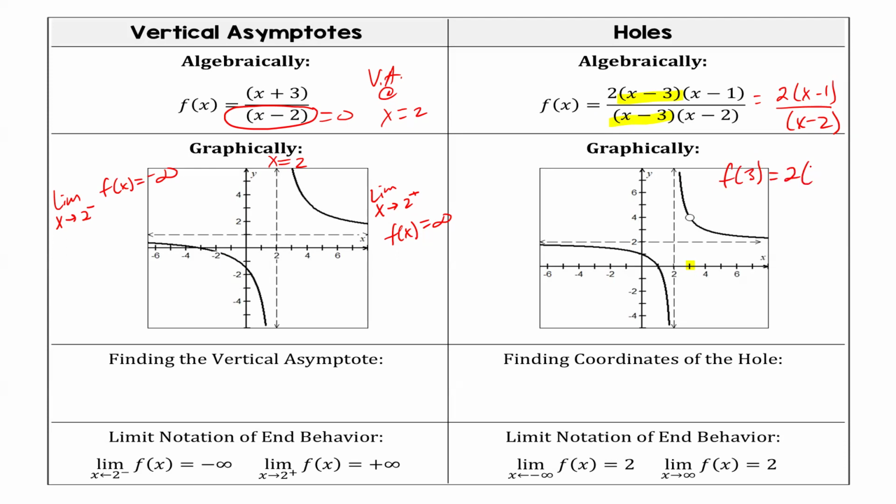So that gives me 2 times 3 minus 1 over 3 minus 2. 3 minus 1 is 2, times 2 is 4, 3 minus 2 is 1, which is why the hole is at f of 3 equals 4. Okay, you wouldn't plug it back into the original because it's going to make the 0 and everything's going to go away.